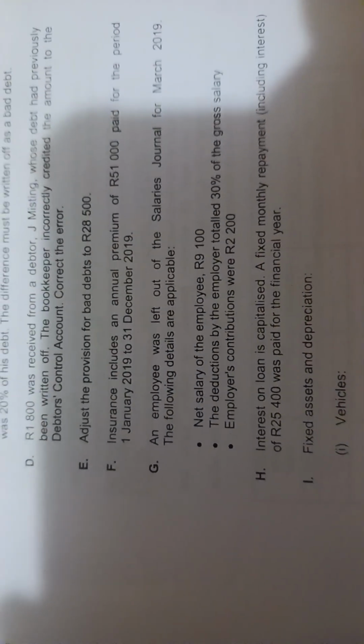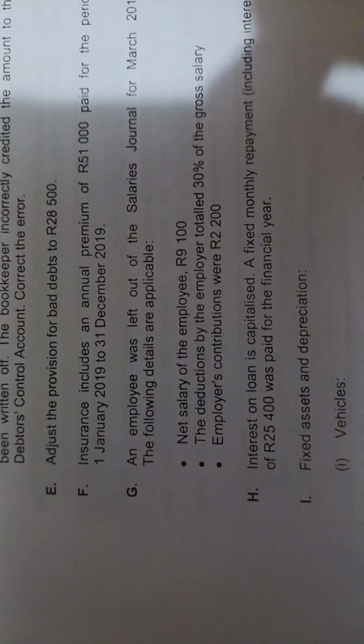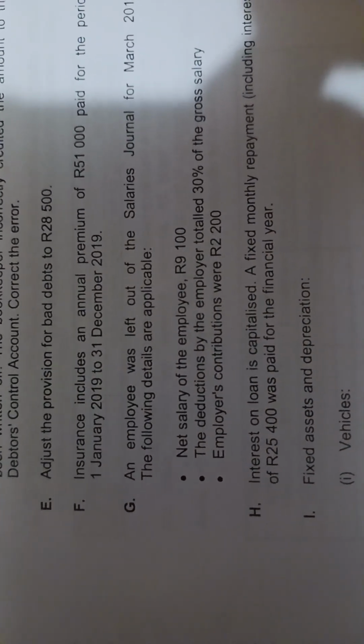Information E, adjust the provision for bad debts to 28,500. Now, all you have to do for this one, your analysis comes from information E, you just compare.